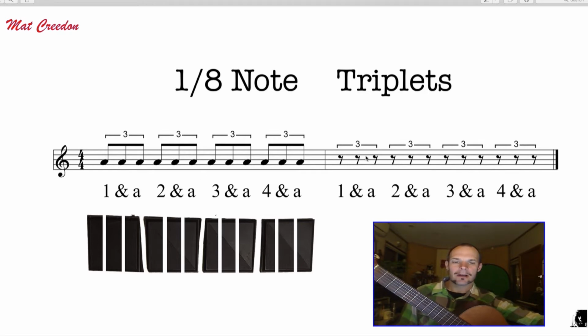And over here are our 8th note triplet rests, and they are counted 1 and 2 and 3 and 4 and, and as you can see, here is our representation of triplets with our chocolate bar.